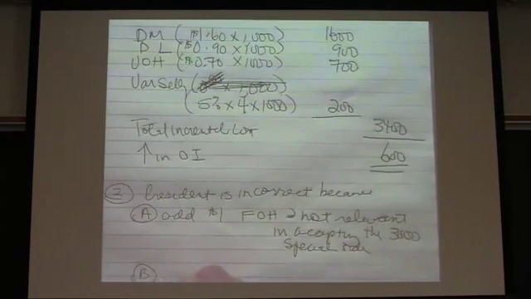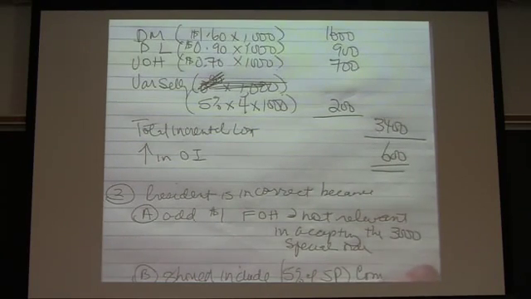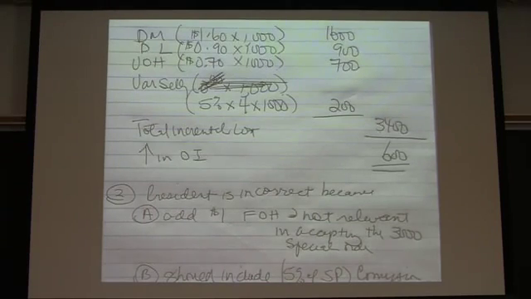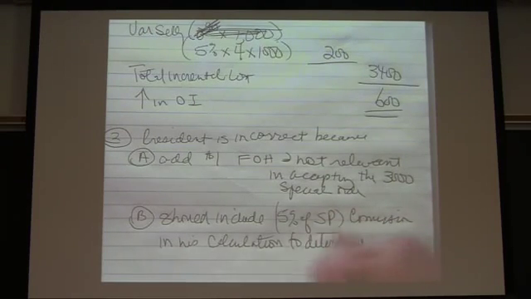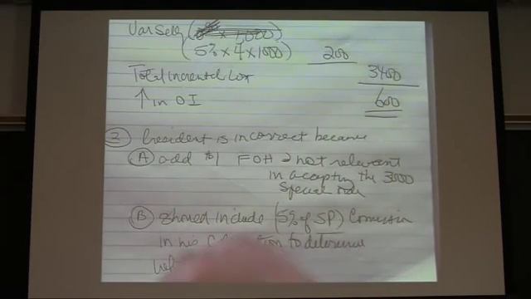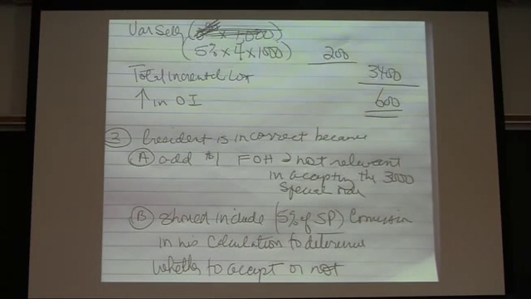And two, he should include the 5% of selling price commission in his calculation to determine whether to accept or not. So he made basically two mistakes.